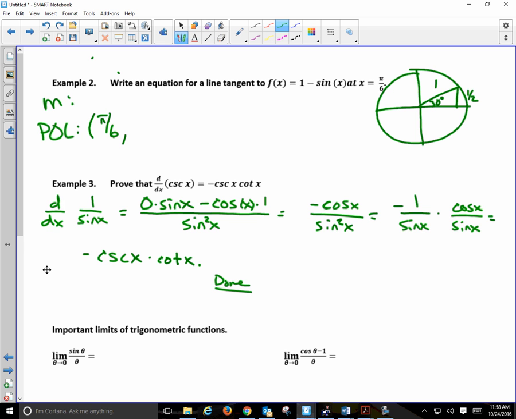And then what do we multiply by to get the other side? Square root of 3 over 2. So this has a terminal point location of square root of 3 over 2, 1/2. Is sine the x value or the y value? Sine is the y value. So sine of pi over 6 is 1/2, and 1 minus a half is a half.